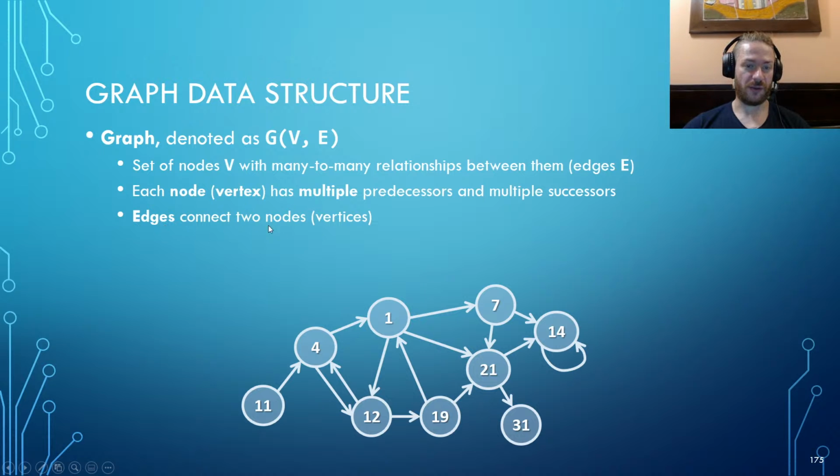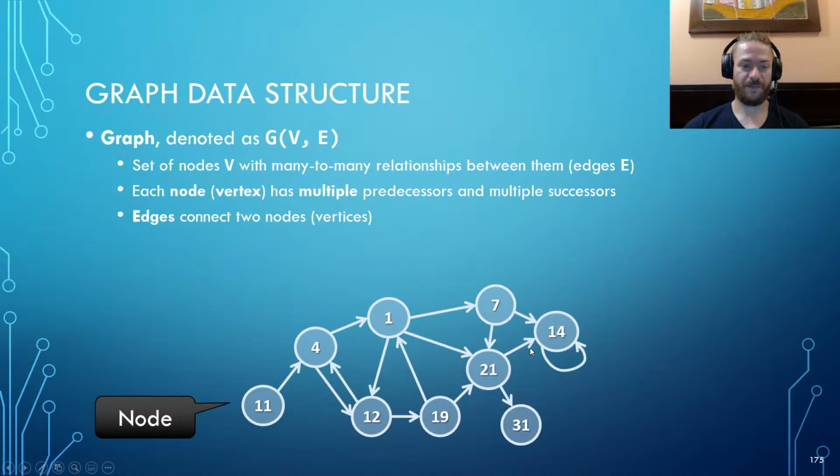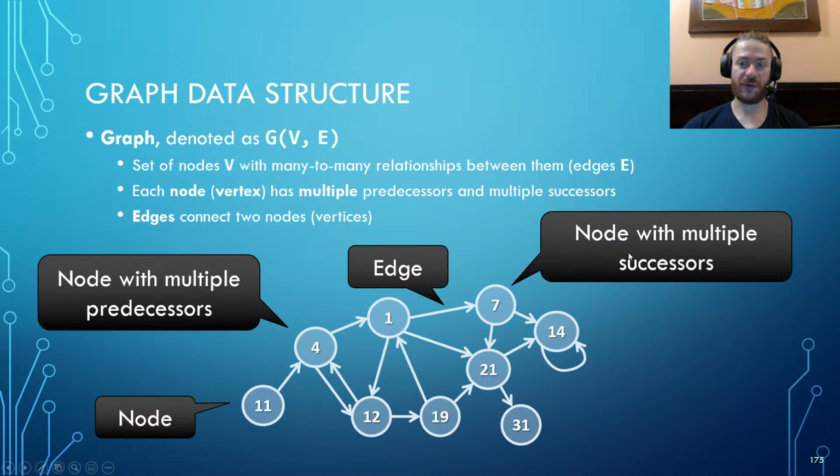Edges connect two nodes. So a graph may look like this. You can see that we have a self-connected node, a one-directional connection, a bidirectional connection, and more one-directional connections. We have a node, an edge, a node with multiple predecessors, and a node with multiple successors.